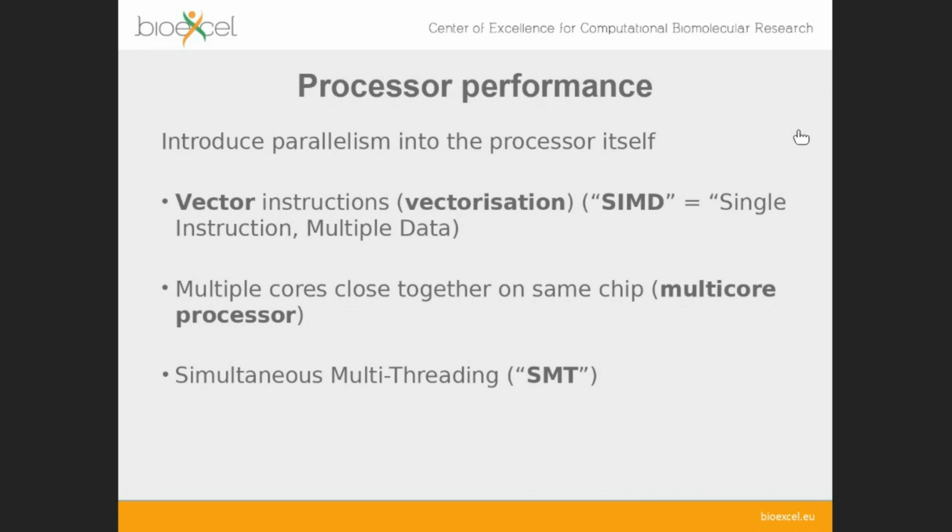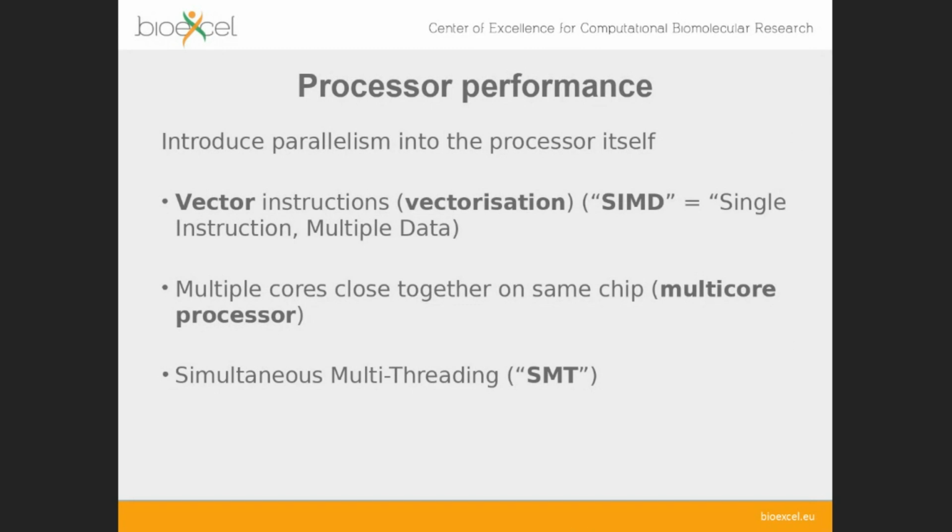If you have a single instruction you want to execute on lots of different values at the same time, you have a situation of a single instruction on multiple data, which is short for SIMD. So you can actually do this really efficiently. The processors have been designed to do this efficiently.